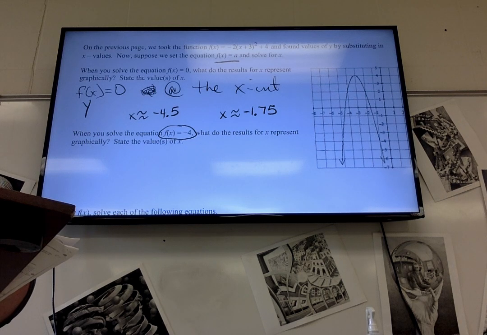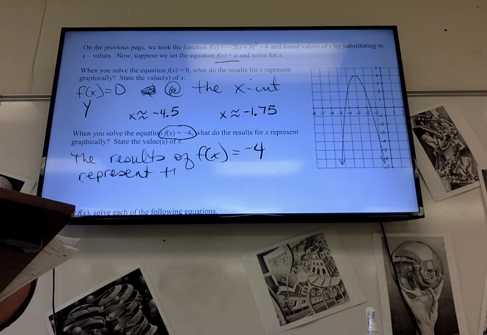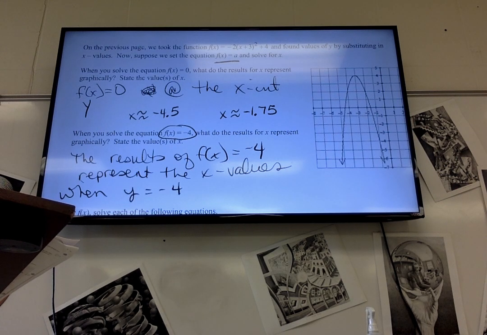So if I set y equal to negative 4 and I solved for x, that's given us the ordered pair. I don't think I'm asking that in a very good way. The results of f of x equals -4 represent the x values when y equals -4.